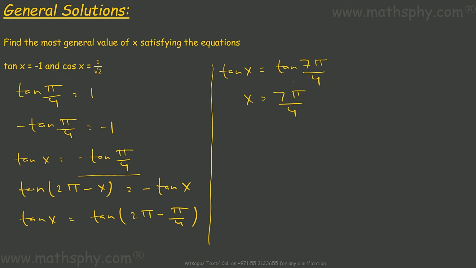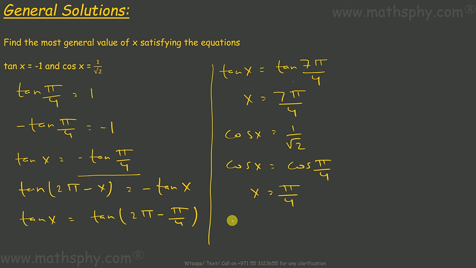Let's look into cos x. Cos x equals 1 over root 2. 1 over root 2 means value of cos x here is cos pi over 4. Cos pi over 4 is equal to 1 over root 2. Now, here value of x would be pi over 4. Now, we need to see whether we can get 7 pi over 4 at both the places.